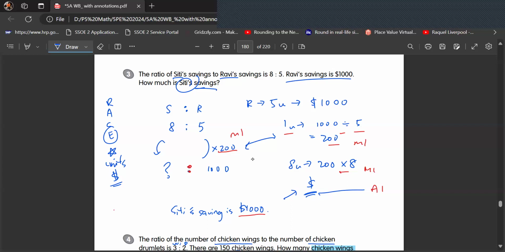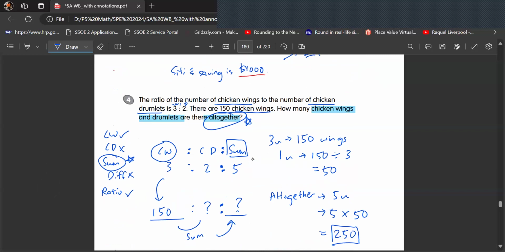There's another way. How much less? Okay, yeah, like let's say, how much less money does Ravi have compared to Siti? There's one way. What's another one? How much Ravi and Siti have all together? So that easily makes you have to do one more step already. So the really important thing is you really need to annotate and pay attention to what the question is for.